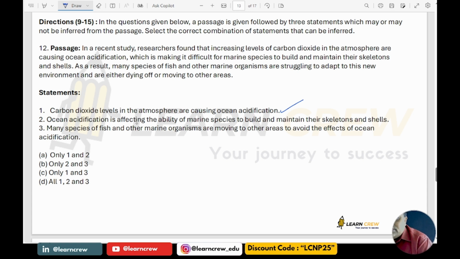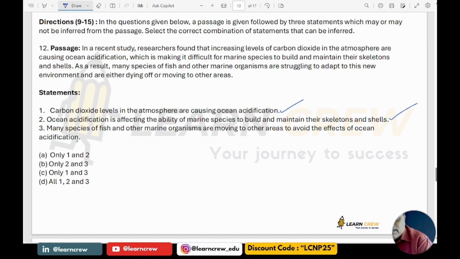Ocean acidification is affecting the ability of marine species to build and maintain their skeletons and shells. Statement 2 is also directly mentioned in the passage, which states that ocean acidification is making it difficult for marine species to build and maintain their skeletons and shells. So 2 can also be a valid inference.